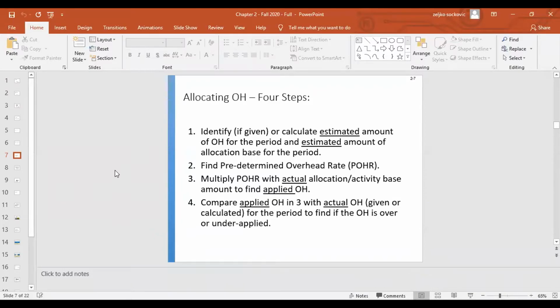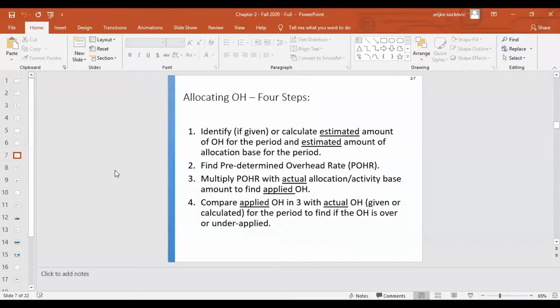Okay, so I found this. Very good. Now, what will I do with this? That's step 2. You will find the predetermined overhead rate, POHR. That's that average that I talked about earlier, right? That's the rate, $1 million over whatever number of machine hours or labor hours. So now you have this rate.